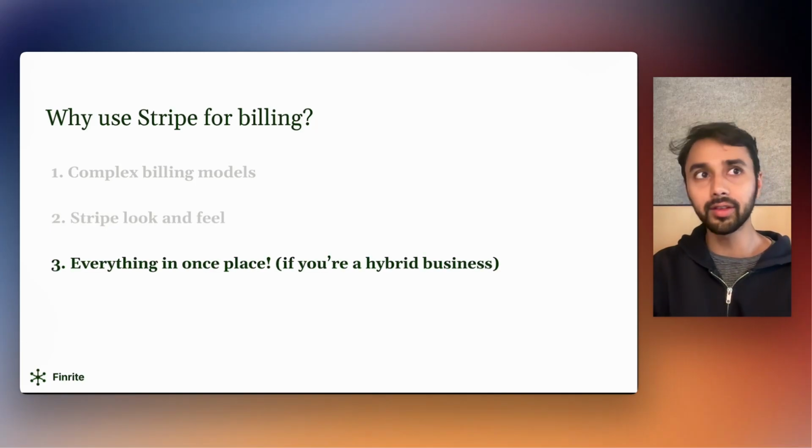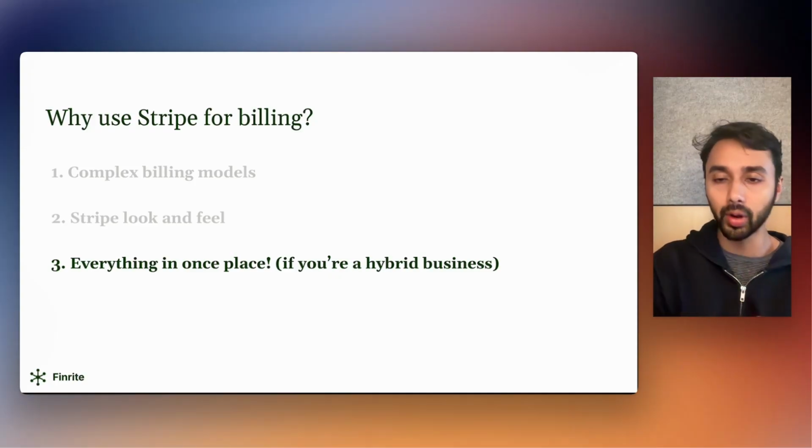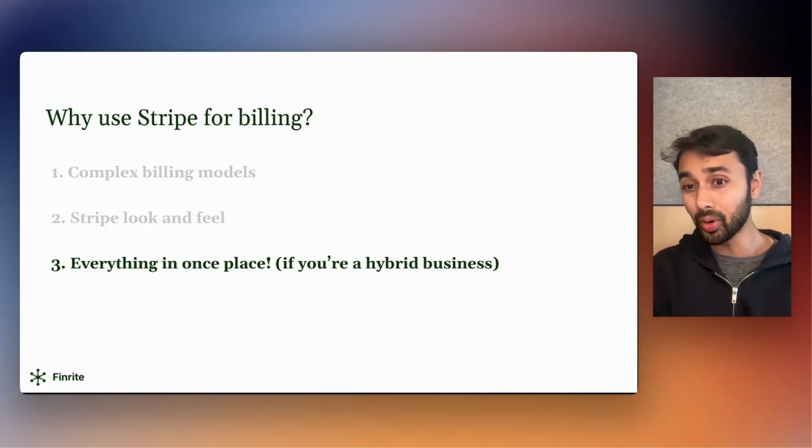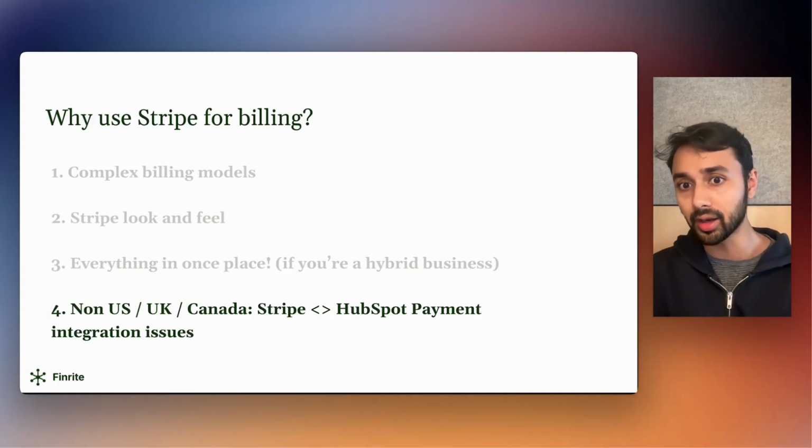And then if you're a business that has a sales channel that's self-serve and also has a sales team, you might want to centralize your billing information on Stripe itself to keep your financial data in one place and keep really important billing and financial calculations simple by not having them copy-pasted in different places. And then finally, if you're not based in the US, UK, or Canada, HubSpot Payments is not available to you.